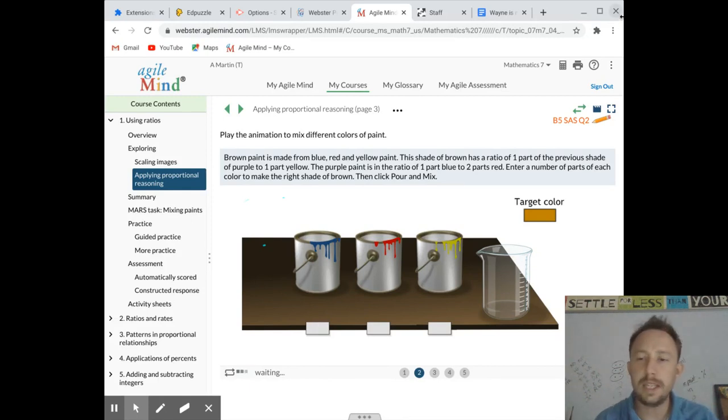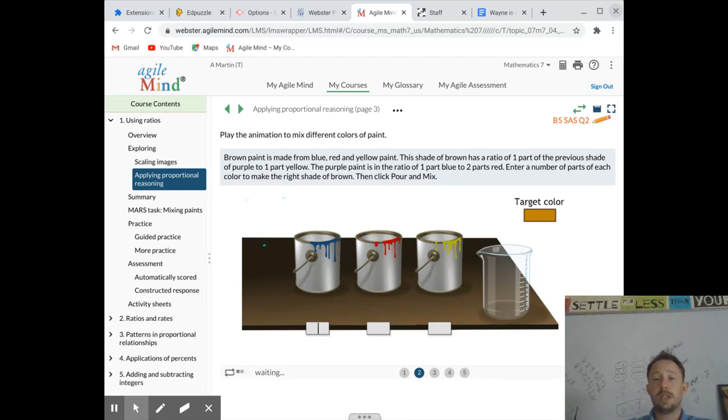Perfect. So we need to focus on creating a couple different ratios so that we can answer our question in part B. And so once again, it says that brown paint is made from blue, red, and yellow. And this shade of brown has a ratio of 1 part of the previous shade of purple to 1 part yellow. So the purple paint is in the ratio of 1 part blue to 2 parts red.